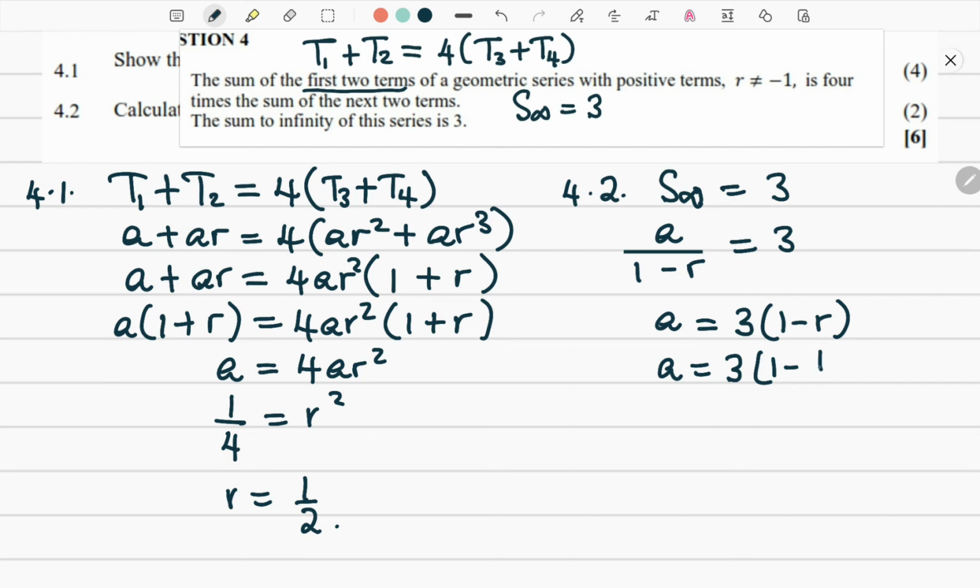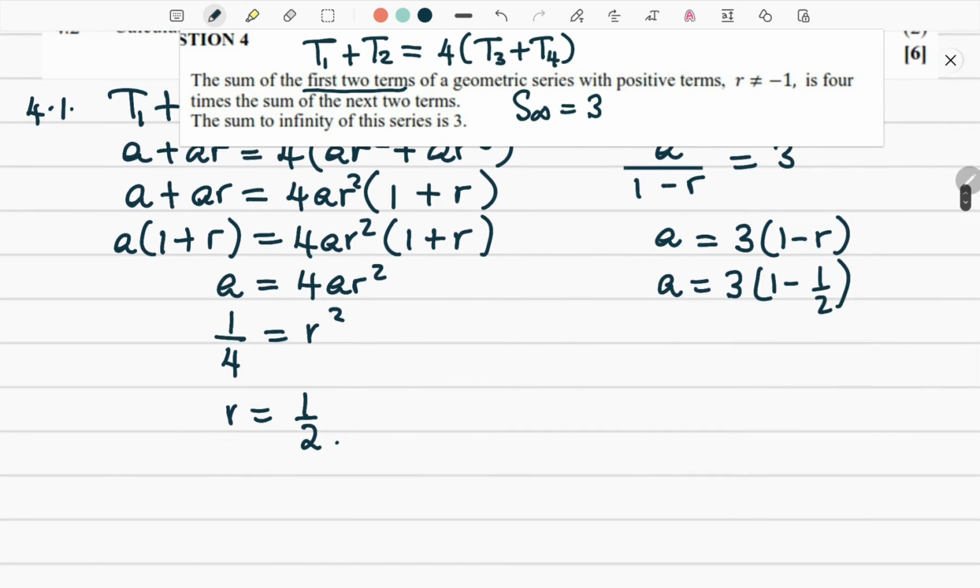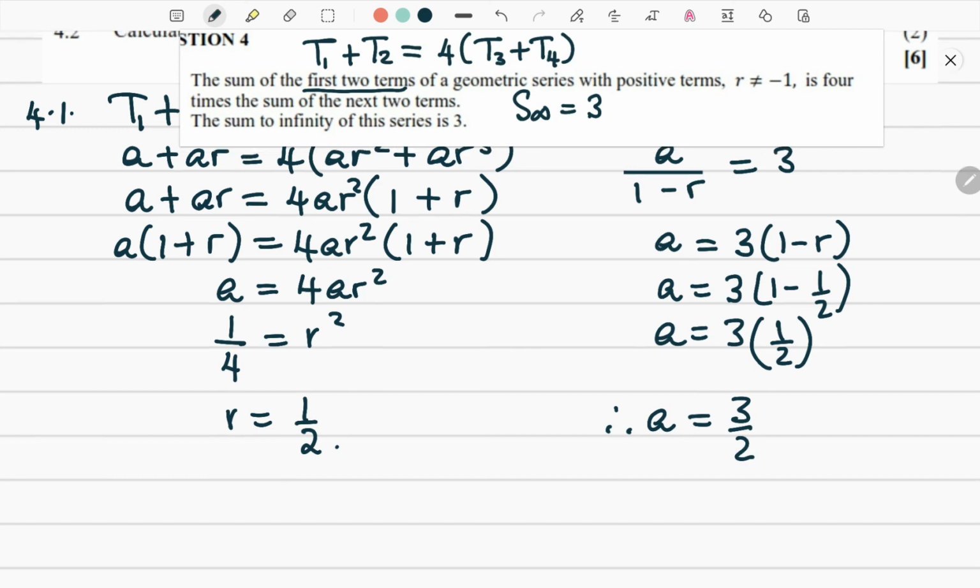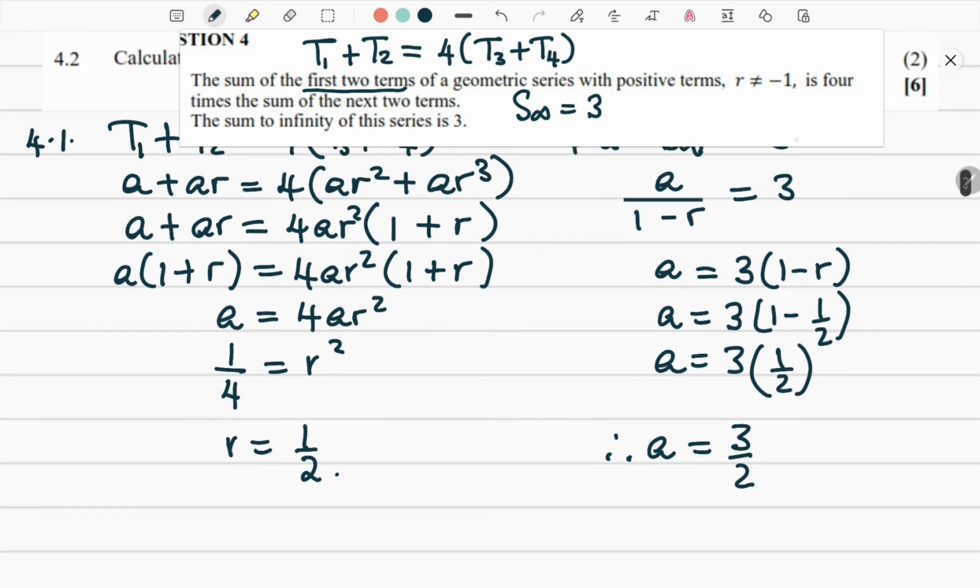We calculated r to be half, so a equals 3 times half. At last, a, the first term, will be 3 over 2. So that is it. You can see how easy it was.